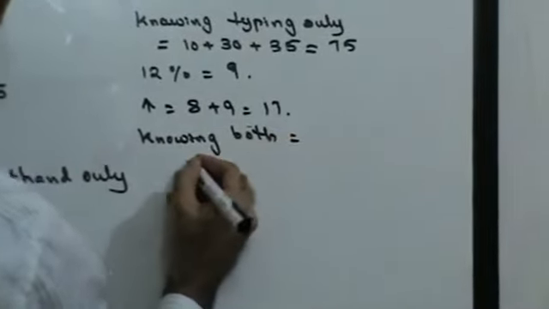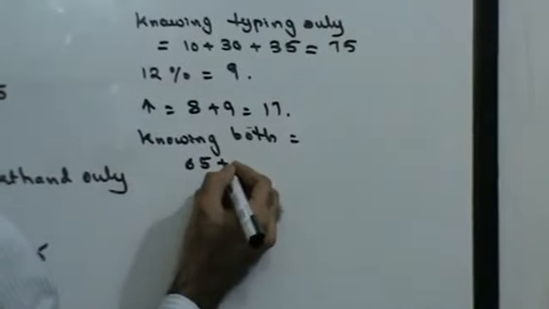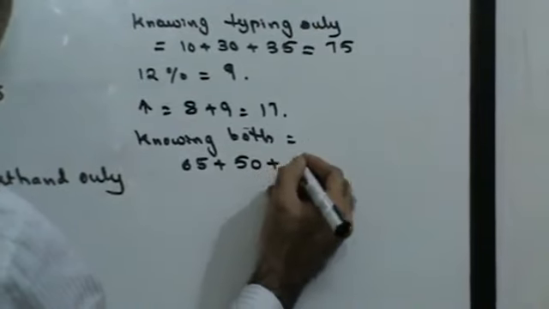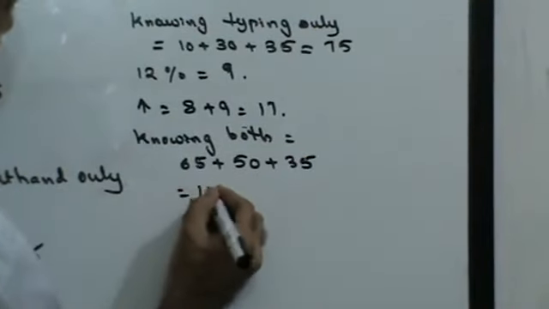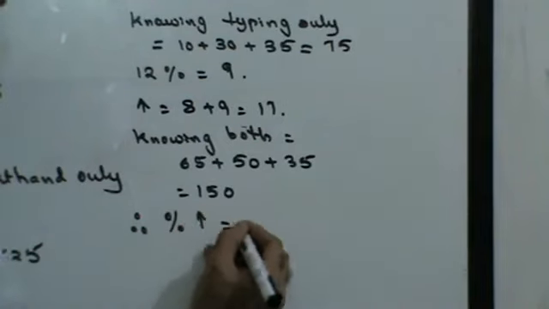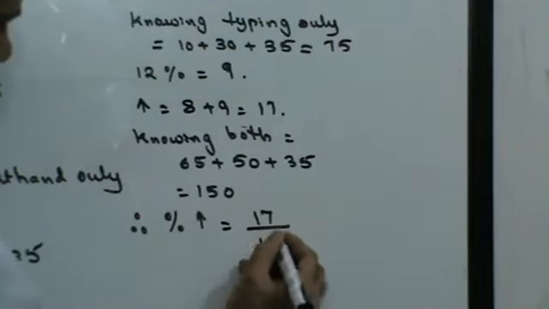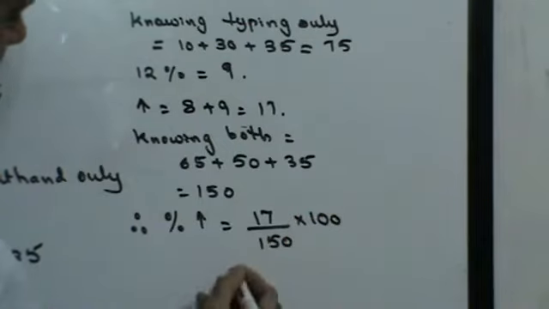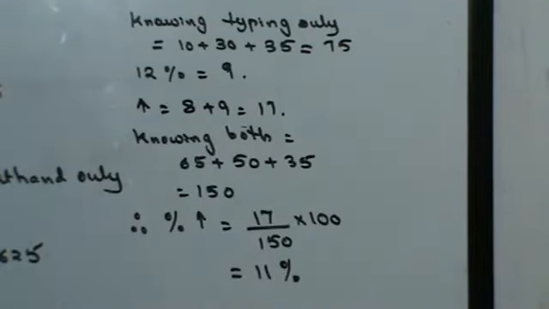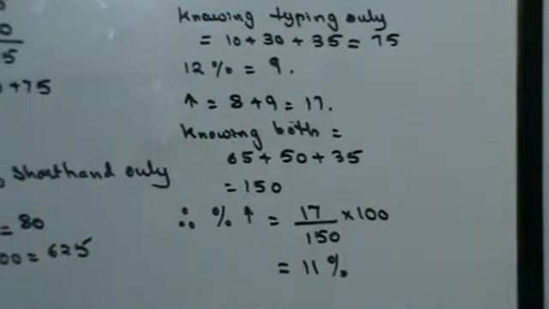Knowing both is going to be 65 plus 50 plus 35, 150. Therefore, percentage increase in knowing both: 17 have increased on 150, which should approximately be equal to 11%. So there would be an 11% increase in the population knowing both.